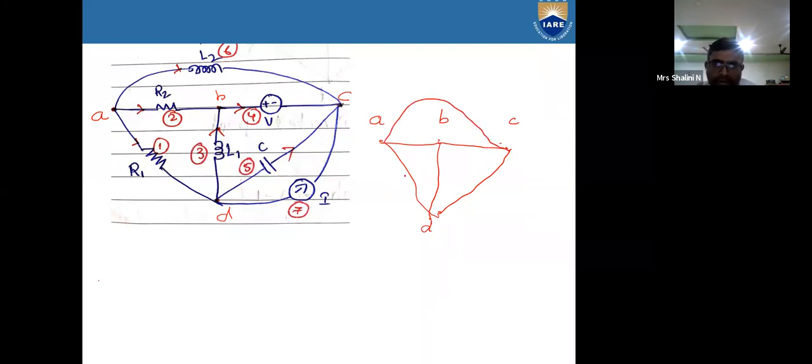After that I am representing the branch elements: first one, second one, third one, fourth one, fifth, and sixth.